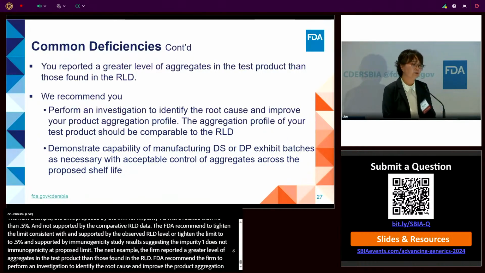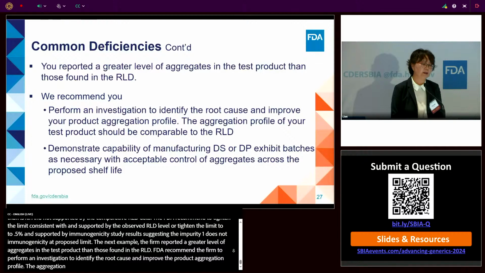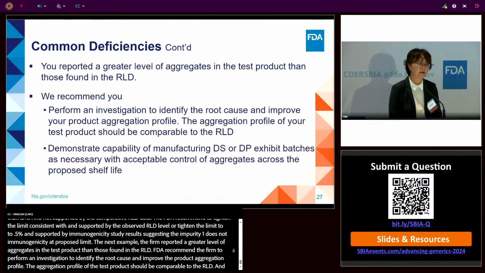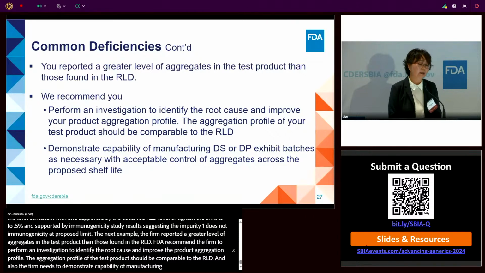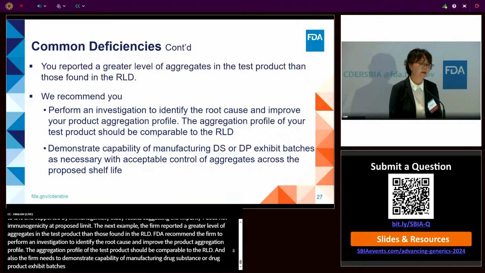The aggregation profile of the test product should be comparable to the RLD. And also the firm needs to demonstrate the capability of manufacturing drug substance or drug product, exhibit batch as necessary, with acceptable control of aggregates across the proposed shelf life.